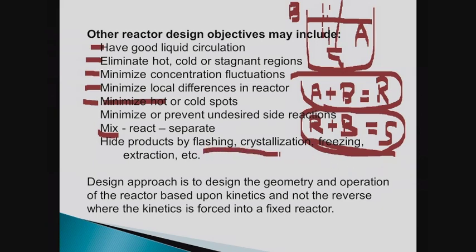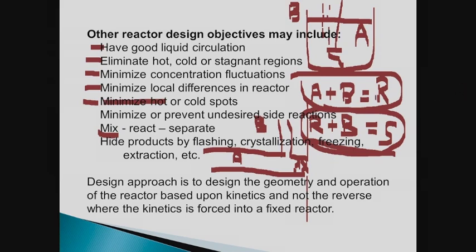Another way would be if you run a static mixer here, and you have a side entrance of B coming in, okay? And then you have a little bit of the mixing going on, and you have A here coming in down the pipe, and then you flash it, or you freeze it, or you crystallize it, or you extract it, something that does the separation.